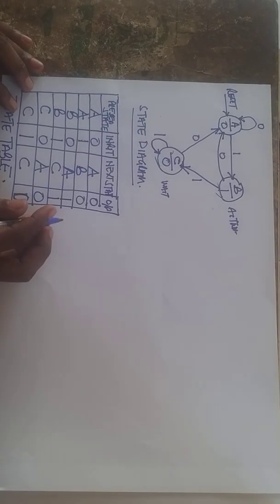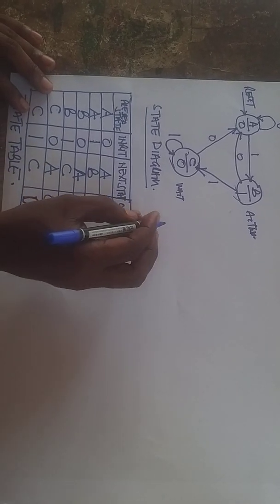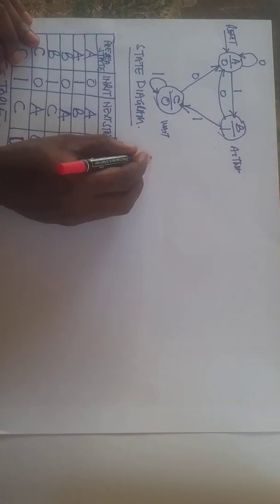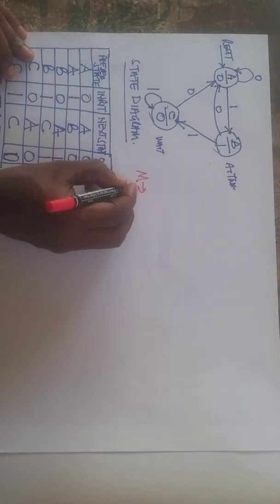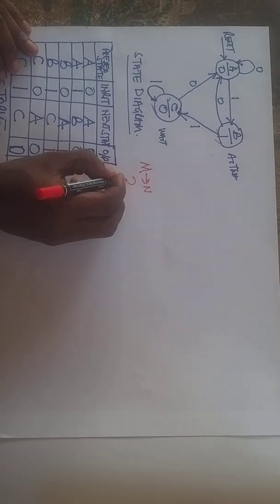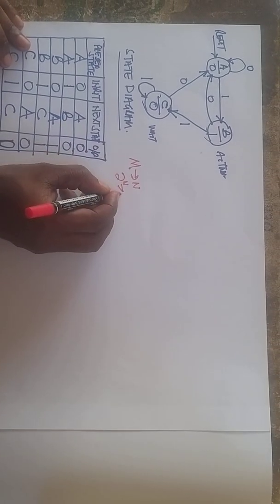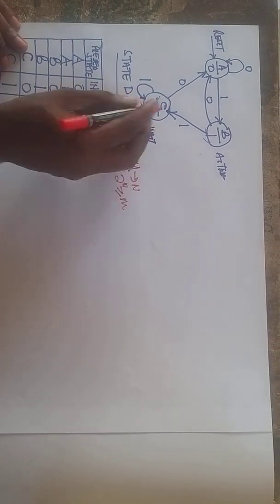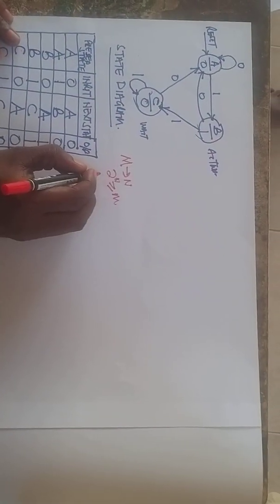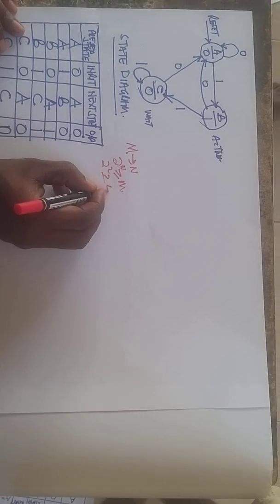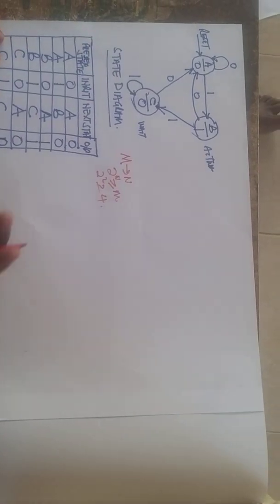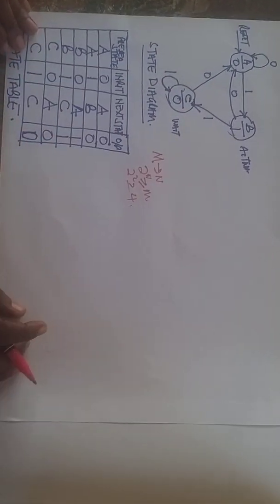If you recall, if I have m states, then the number of bits n must satisfy 2 to the power n being greater than or equal to m. Here m is 3, and 2 to the power 2 is 4, so because we have 3 states, I'm going to use a 2-bit representation.